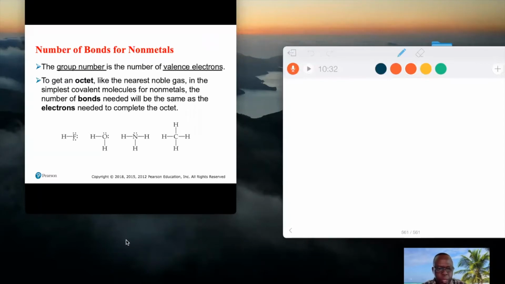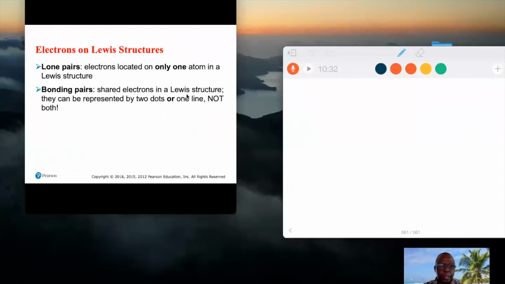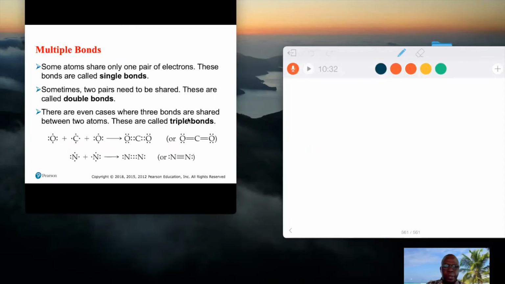So what we're going to do now is to draw the Lewis structure for molecules. How do we draw the Lewis structure for molecules? First, given the periodic table, you should predict the number of valence electrons, and the group number represents the valence electrons. We saw that last time. So how do we draw the Lewis structure?